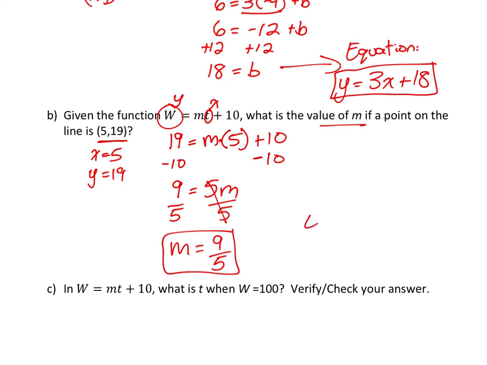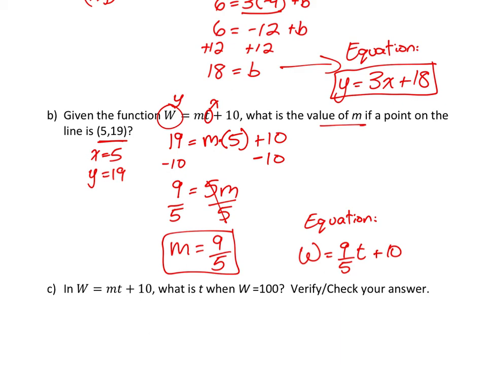So your equation then is w equals 9/5t plus 10. And we leave the w and the t because those are the variables. The m is the parameter that we needed to solve for.